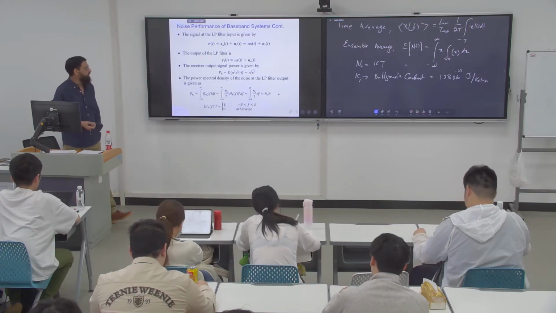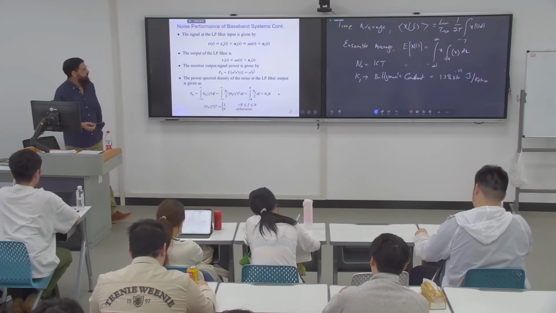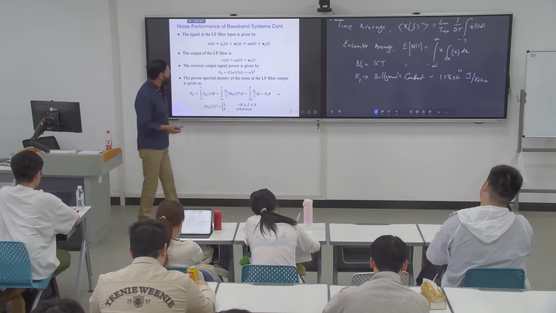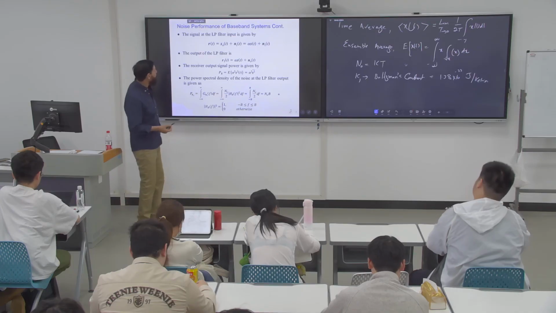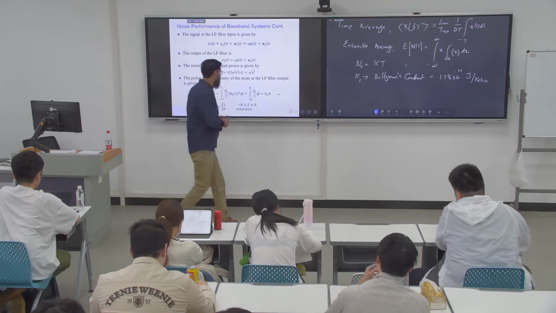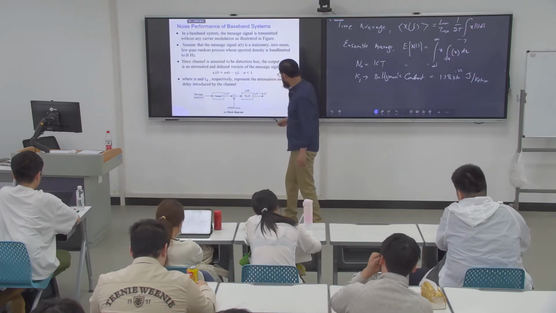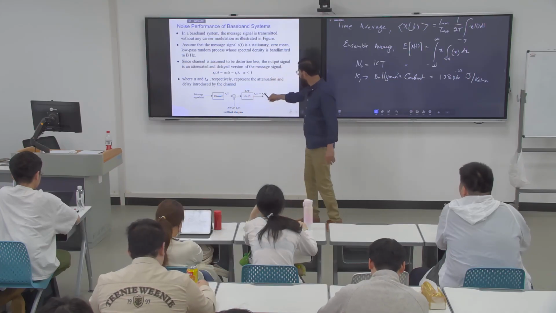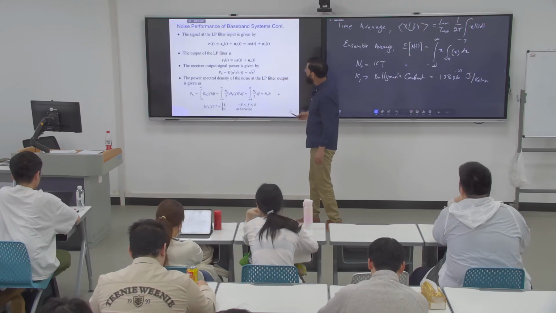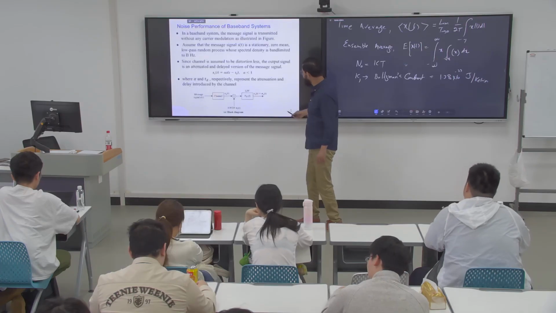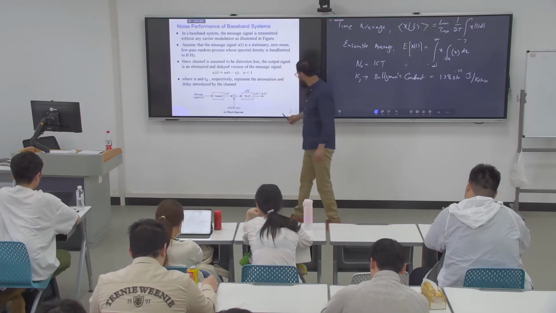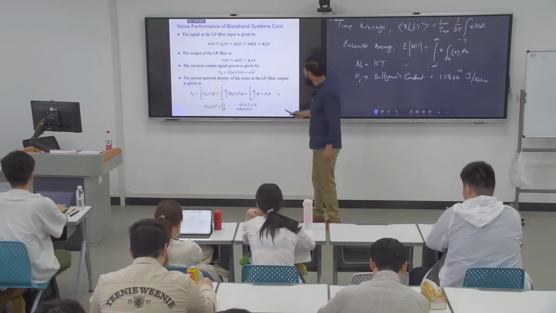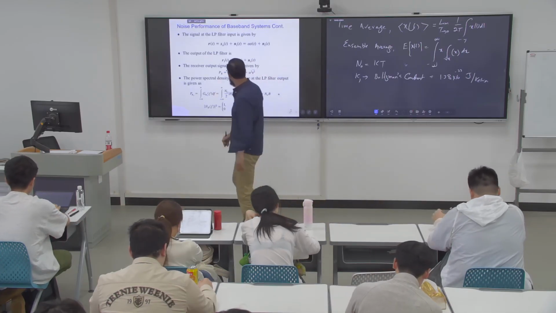The output of the low pass filter is r1, that is alpha s(t) plus n_o. Here we get r(t), and here at the output of the filter we get this r1, which is alpha s(t) plus n_o.